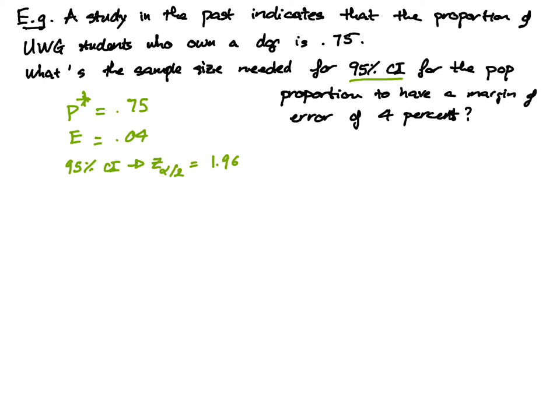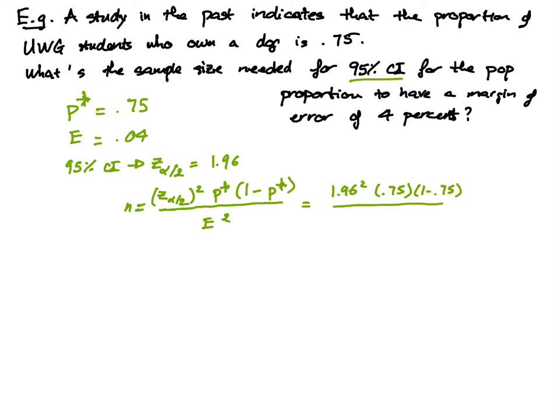So let's go ahead and apply the formula. The formula is n equals z sub alpha over 2 squared times p star times 1 minus p star divided by E squared. So this is 1.96 squared times 0.75 times 1 minus 0.75 divided by 0.04 squared.